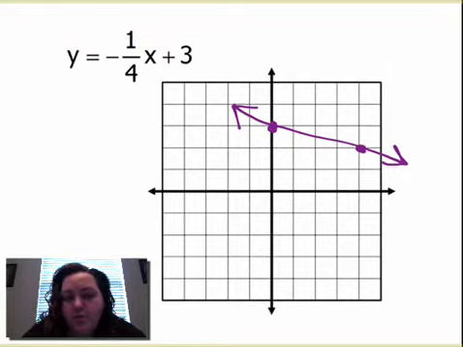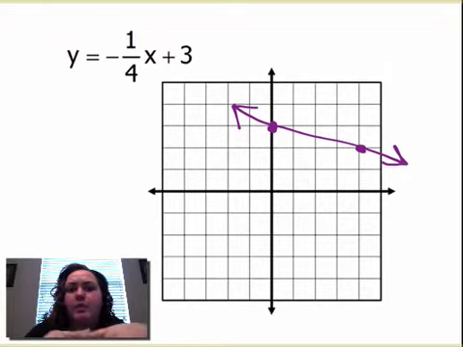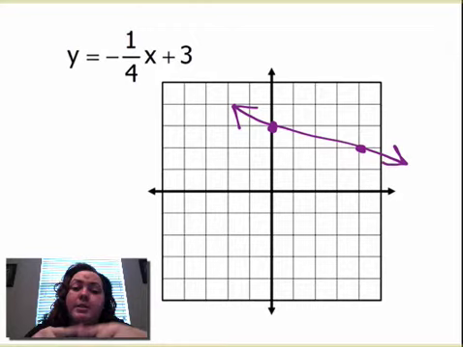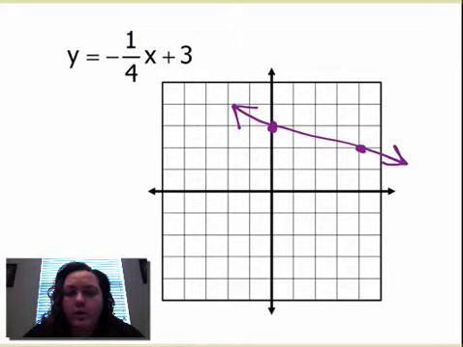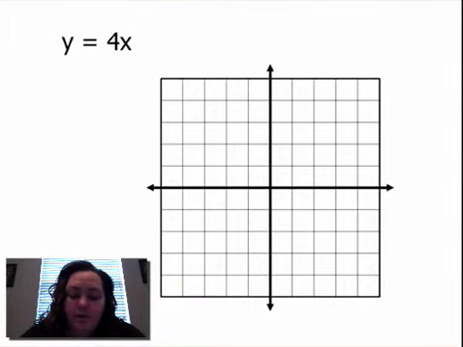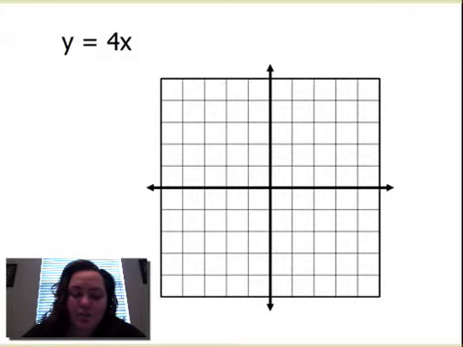Okay, if for some reason yours falls off the graph and you have to, if it's a positive slope, you have to go up and to the right, and you can't do that, it'll fall off your graph, you could do the opposite by going down and to the left. Okay, but hopefully you make your graph big enough so that you can go up or down and to the right.